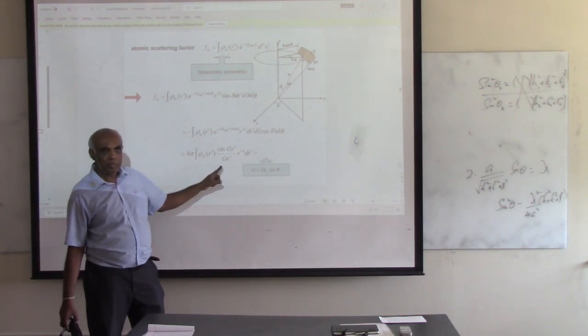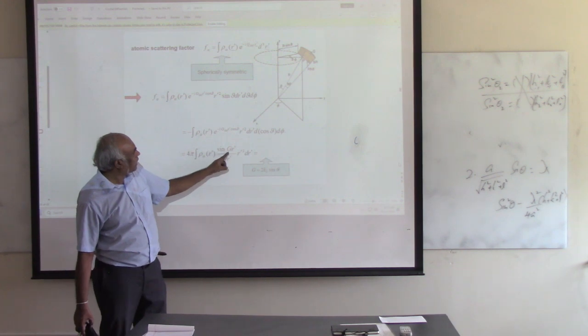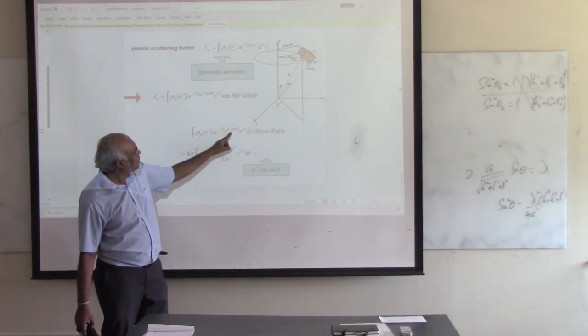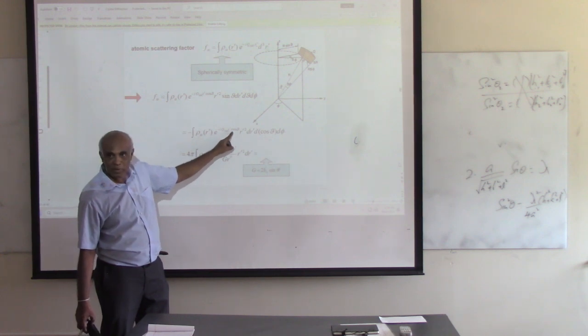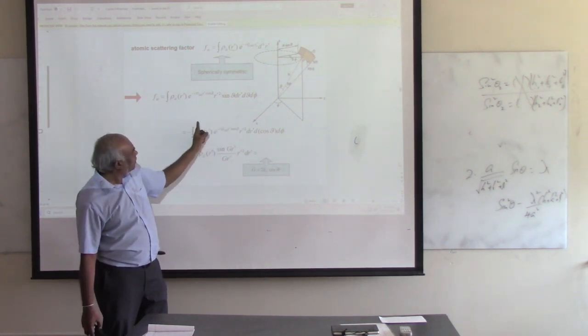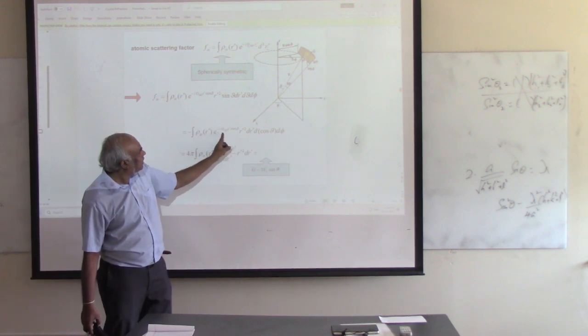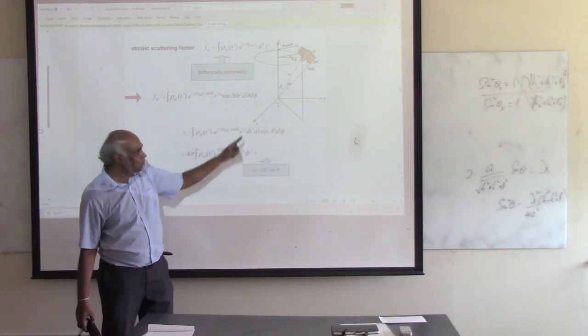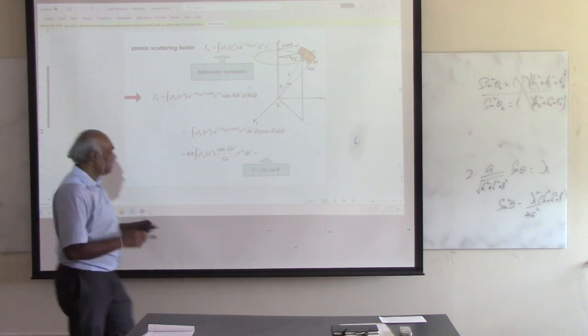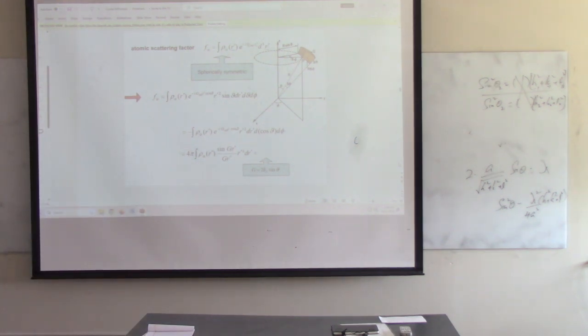Exactly. So how do you get the sine G r? Because I have this e to the minus i G r cosine theta, so you get from minus theta to plus theta. That's why when you subtract you get e^{iGr} minus e^{-iGr}, which means sine. Sine theta is e to the i theta minus e to the minus i theta divided by 2i.